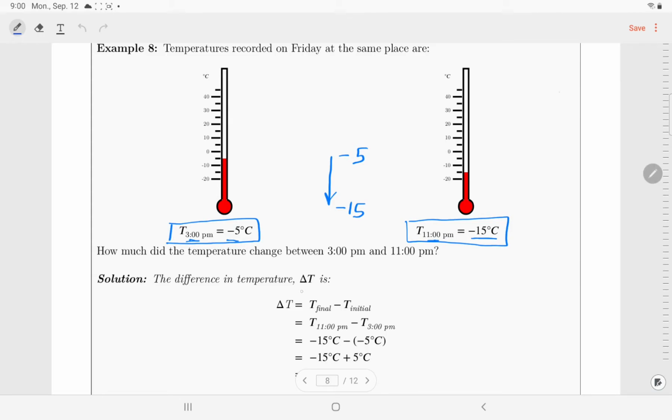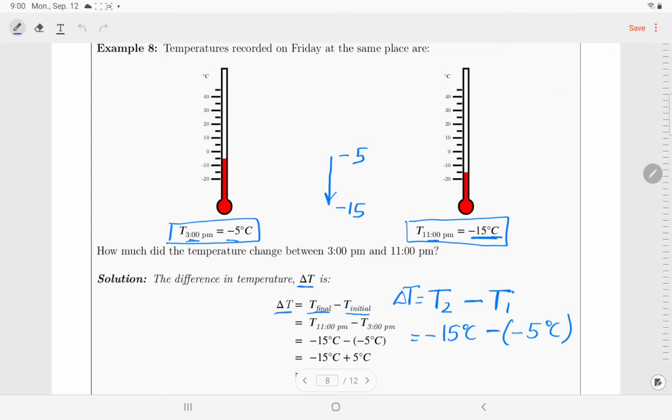To represent the change, we use the little triangle. Temperature is the capital T. So change in temperature is the final temperature, we can call it T2, minus the initial temperature, we can call it T1. So we have negative 15 degrees Celsius final minus negative 5 degrees Celsius.